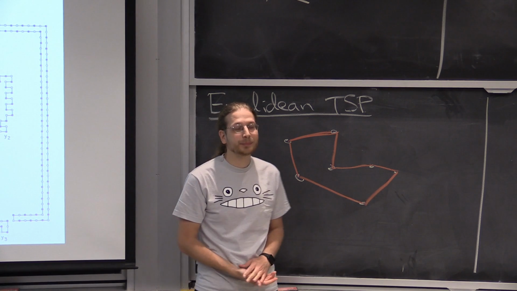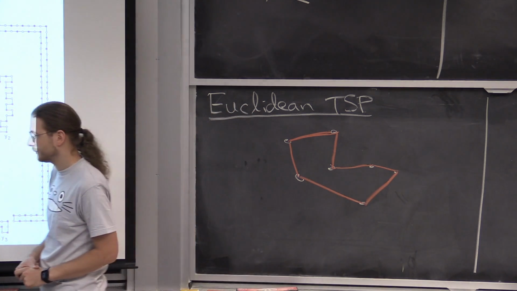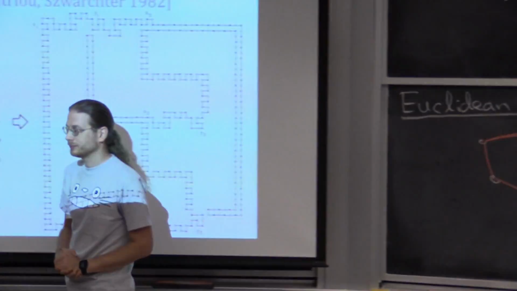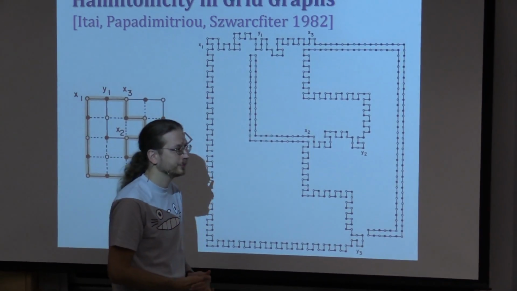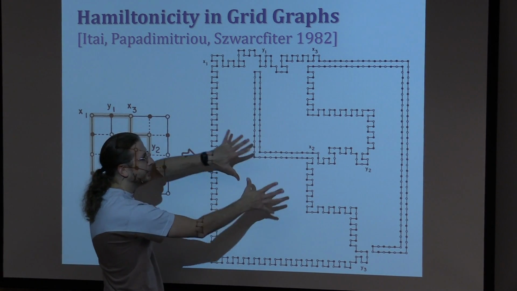And so if you just count the number of points and say that that's the desired length of your tour, then you can only do that if you can get through this by following only edges that are length 1. Exactly.